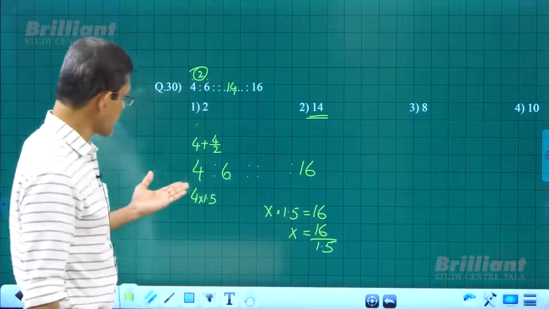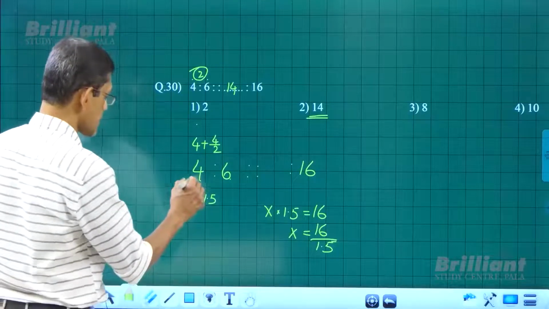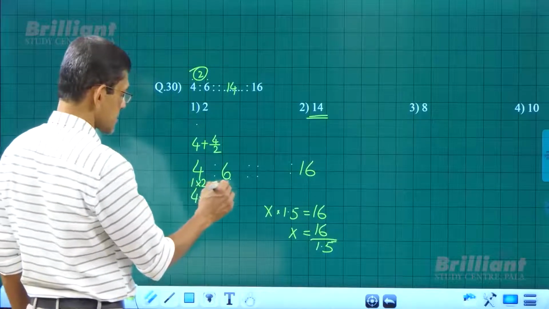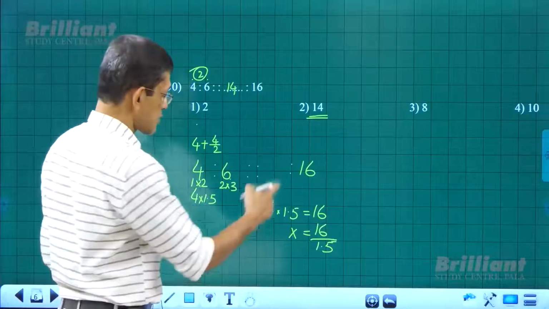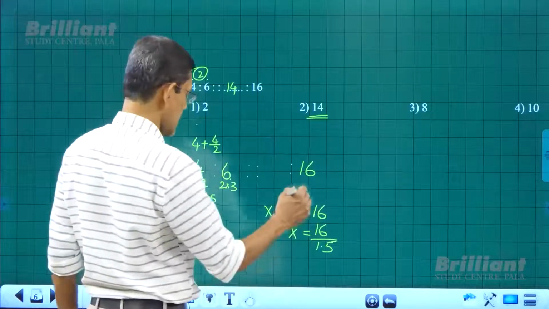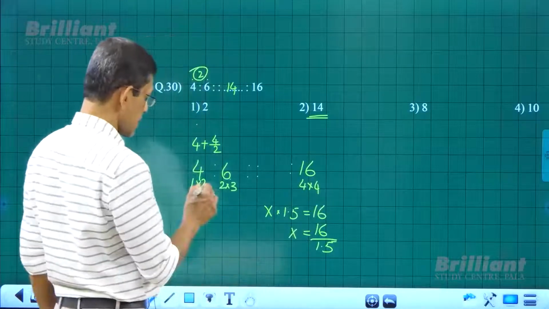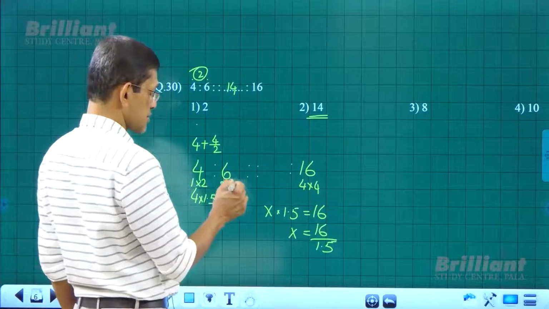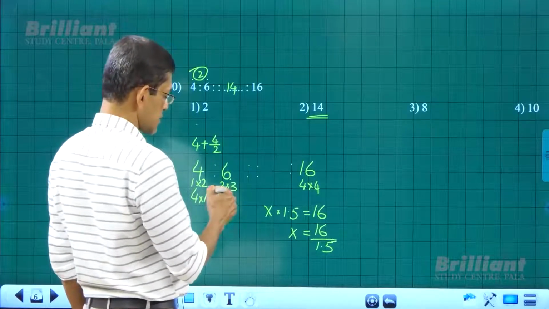Still, if you look for that, you may get many other possibilities here. So this is 1 into 2. This is 2 into 3. And what is this? Can be taken as 4 into 4, right? So if you continue that way, 1 into 2, 2 into 3.